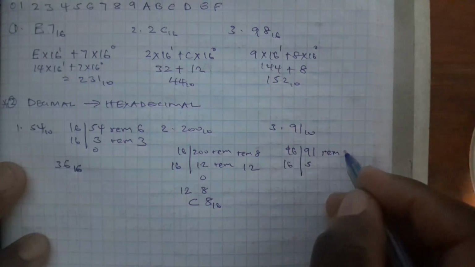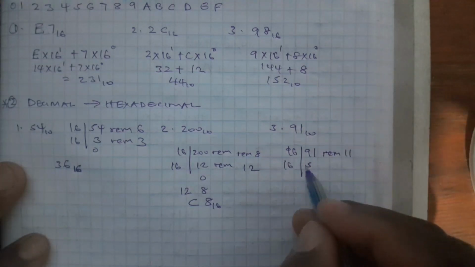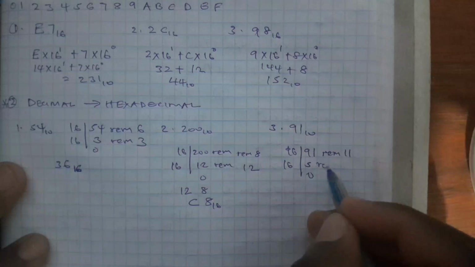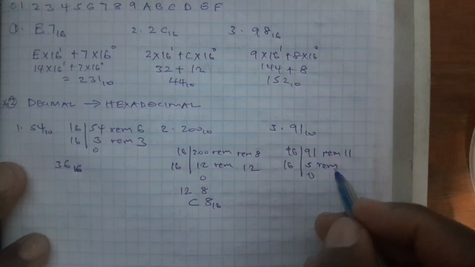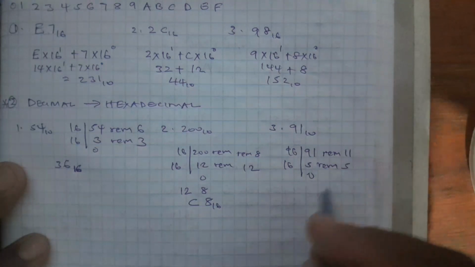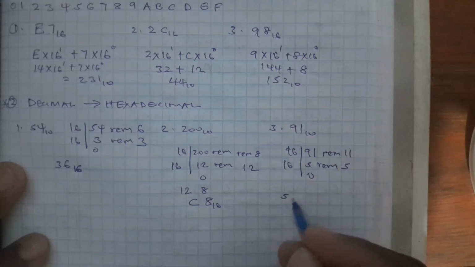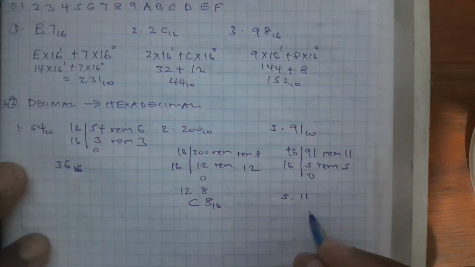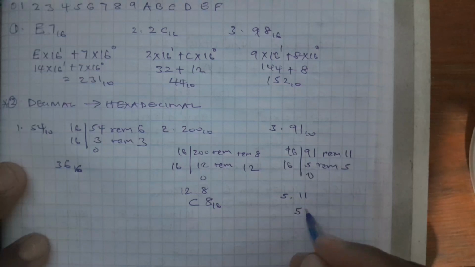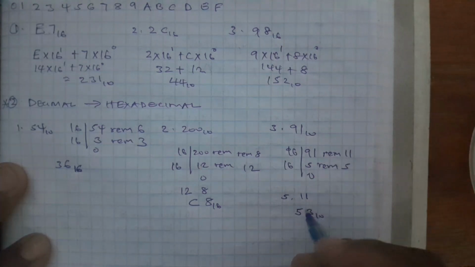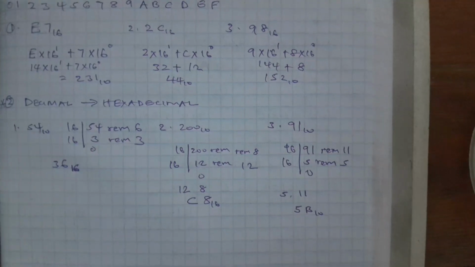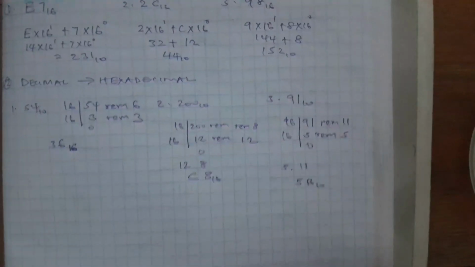The remainder here is 11. 5 divided by 16 is 0, and the remainder here is 5. So take 5 and 11: 5 remains the same, 11 is B. So this is basically how you convert decimal to hexadecimal.